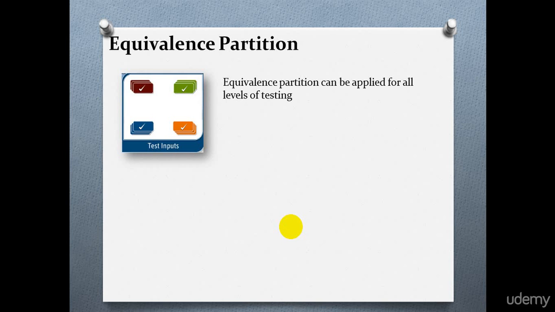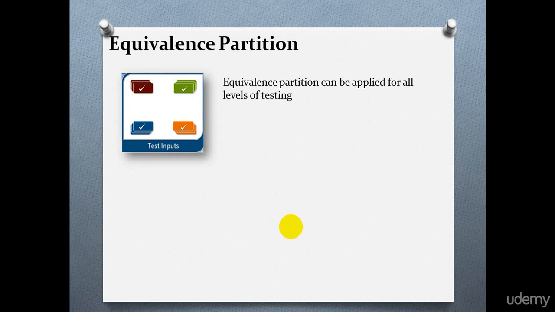Equivalence partition can be applied for all levels of testing. Equivalence partition includes both valid and invalid partitions. Valid partition means those partitions would result in the correct results if data is taken from those partitions and tested.